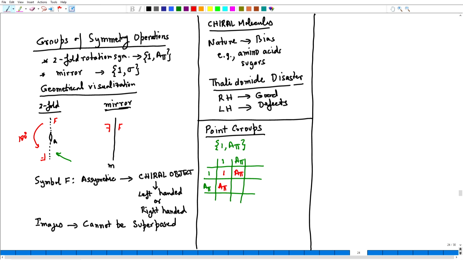Of course, only one cell is left in this, and there is only one way I can fill it, that this has to be identity, so that no element is repeated. But we can also check that basically this means a 180-degree rotation followed by another 180-degree rotation is 360-degree rotation, which is nothing but identity or doing nothing.